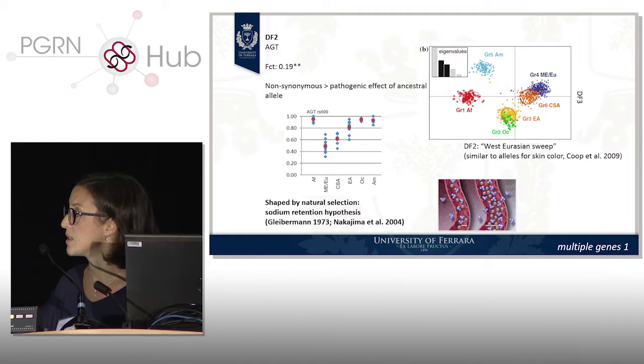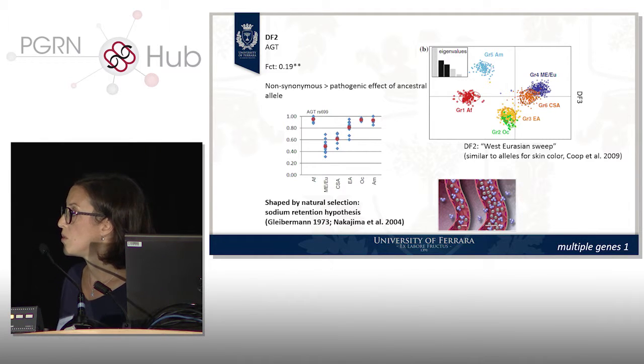the hypothesis is that there has been a selective pressure for the salt retention hypothesis, which means that this variant is associated with increasing blood pressure, because it confers a higher amount of sodium and water reuptake.